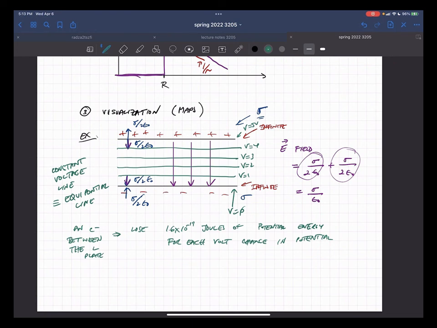So this is a definition. You don't want to deal with this 1.6 times 10 to the minus 19 joules. So they call 1.6 times 10 to the minus 19 joules 1 electron volt. It's 1 eV, and it's pronounced electron volt.